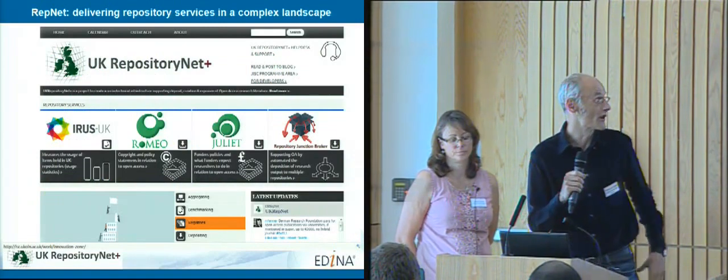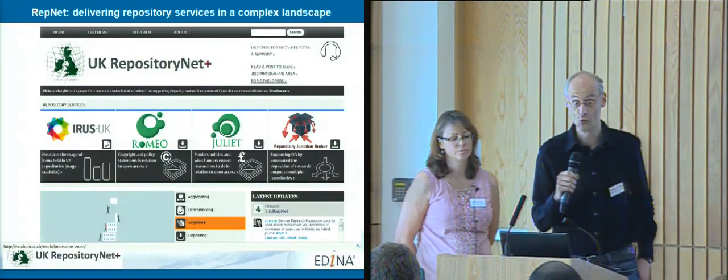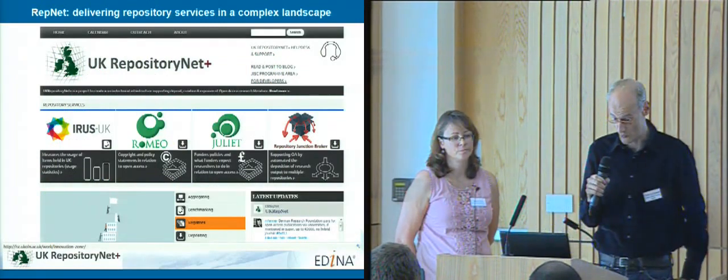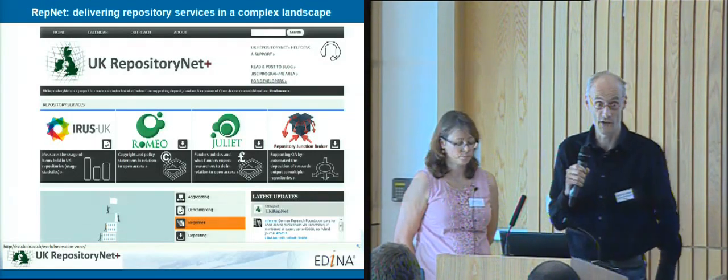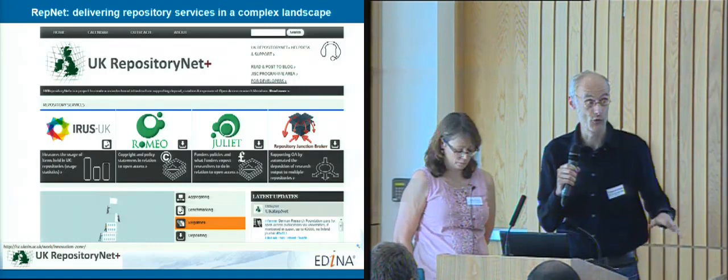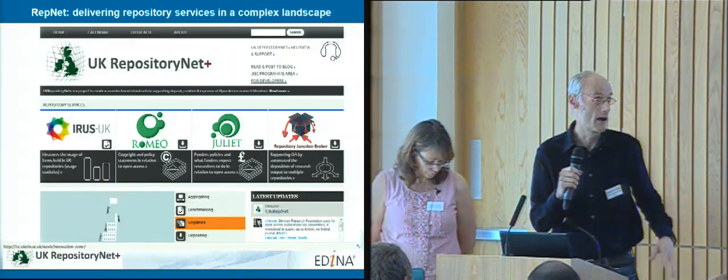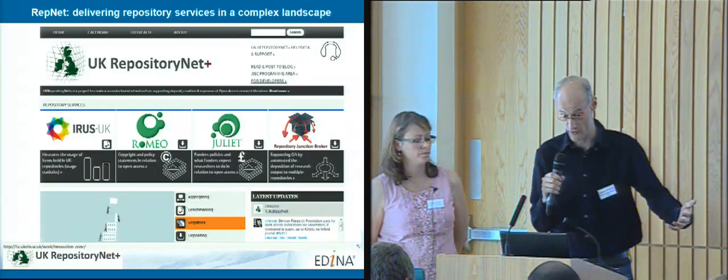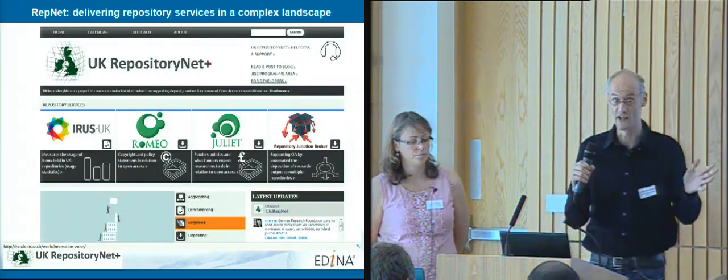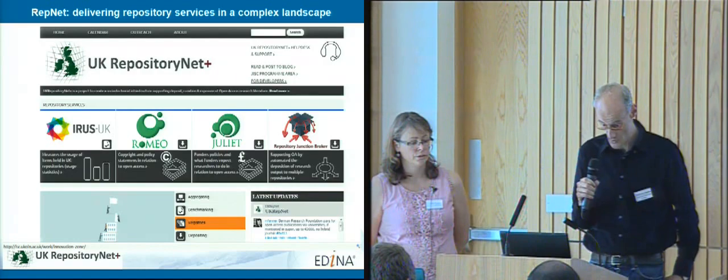The RepNet project, here is the brand new website for the project, is an initiative for putting together a socio-technical infrastructure for supporting a wide range of repository services and their delivery to the UK repository network.